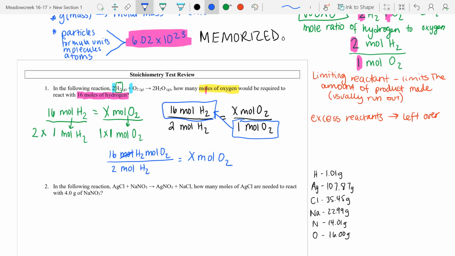I have moles on the top and on the bottom, hydrogen on the top and bottom. That leaves me with just moles of O2, and then 16 divided by 2 gives me 8. I have reached my final answer because my moles of oxygen match the units I was looking for. So I know I've reached the correct answer.